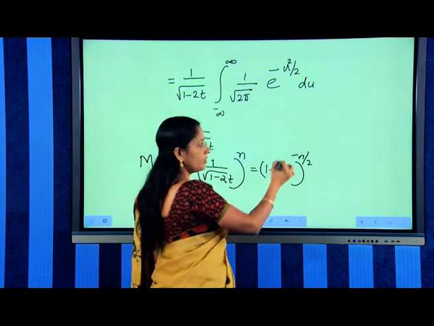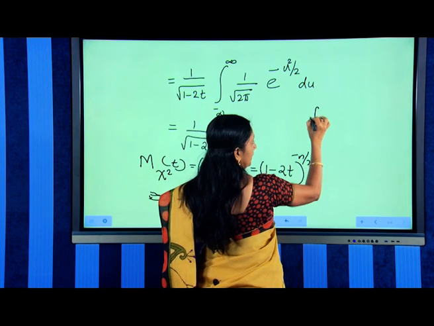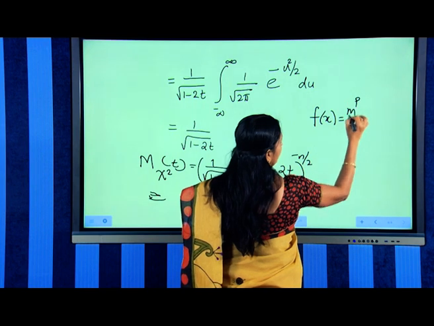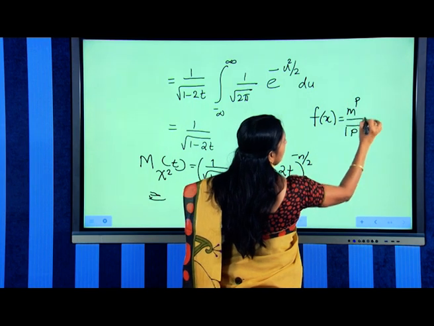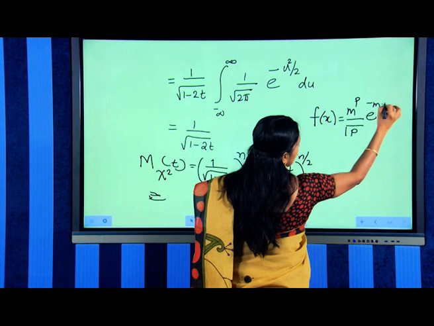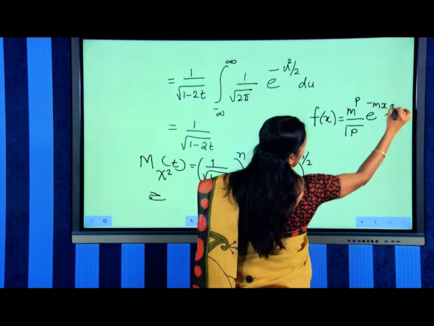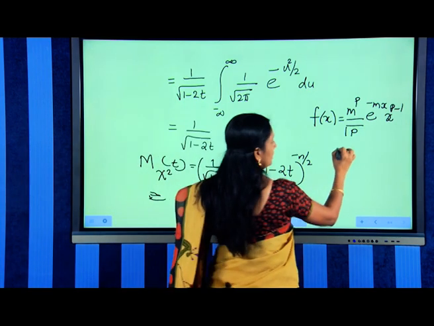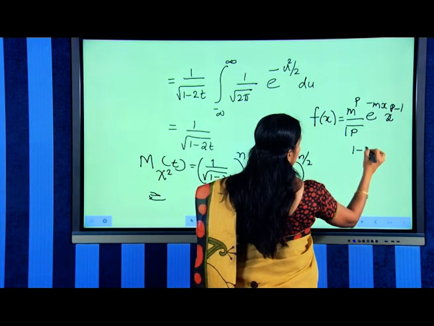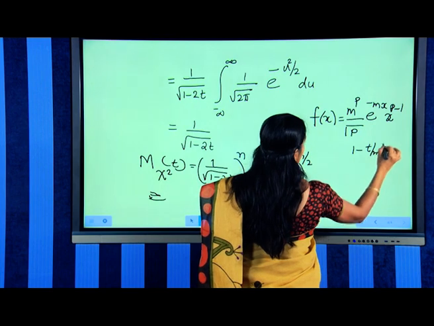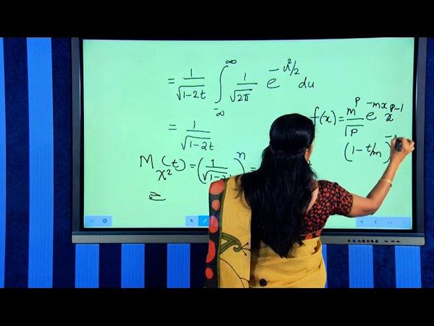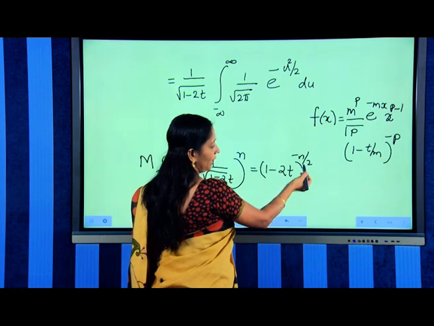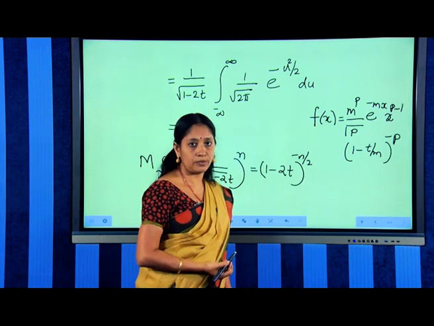The gamma distribution has the PDF f of x is equal to m raised to p by gamma p e raised to minus mx x raised to p minus 1, and its moment generating function is (1 minus t by m) to the power minus p. So, here m is equal to 1 by 2 and p is equal to n by 2.